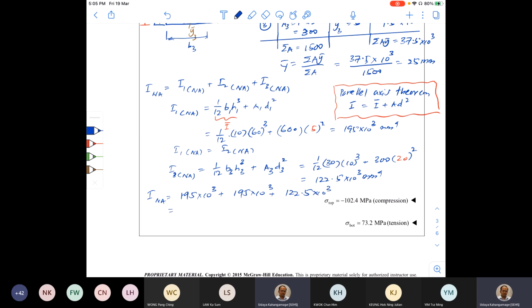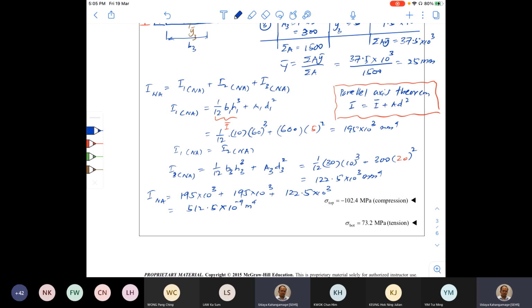Answer I got is 512.5 into 10 to the power minus 9. This should be in meters to the power 4. I converted into meters as well.